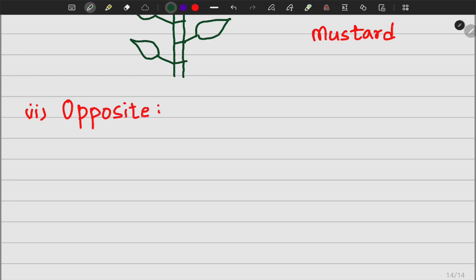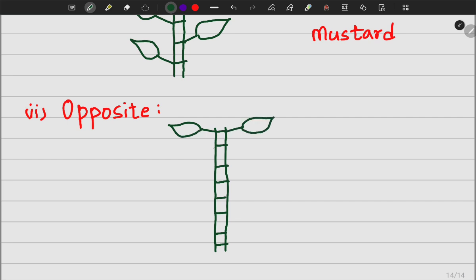What happens in the opposite type? This is the stem, these are the nodes. Then at each node, a pair of leaves will arise opposite to each other, like this.